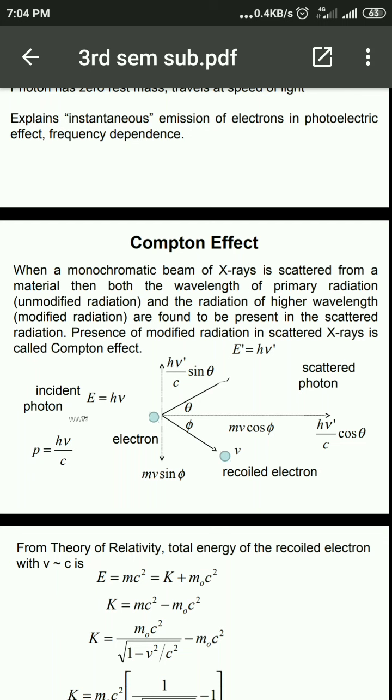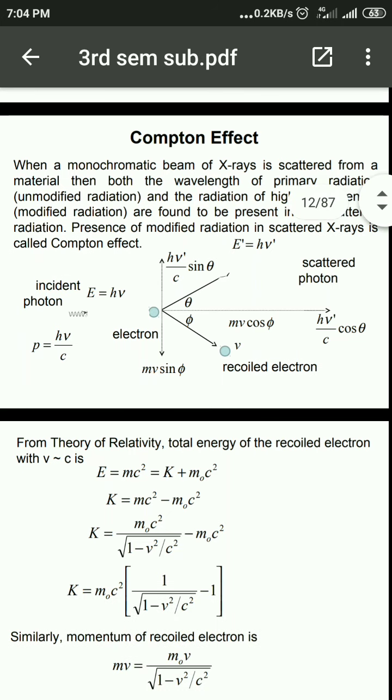We are considering both the light beam and the scatterer, which is the target, before scattering and after scattering. So we have to consider the energy and momentum of the incident light beam and the target, and the energy and momentum after scattering of both the target and the incident beam.